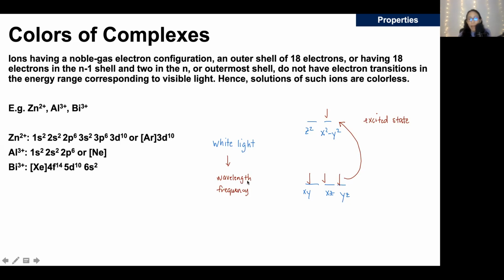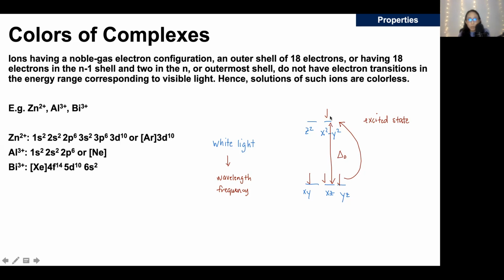Okay? That wavelength of light corresponds to the energy gap here, which is our crystal field splitting. So if the electron gets to absorb the exact amount of energy, it cannot be lower, it cannot be higher. It has to absorb the exact energy it needs to jump to this higher energy level.